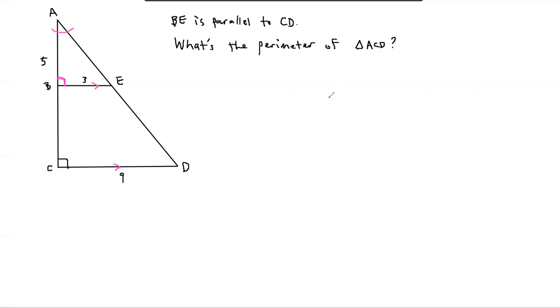Once we know that the triangles are similar, we can start to construct ratios. If our goal is to find the perimeter of ACD, then we're going to need to find the length from B to C, and we'll need to find the length from A to D. One ratio that we can use is going to involve the two sides that we have.